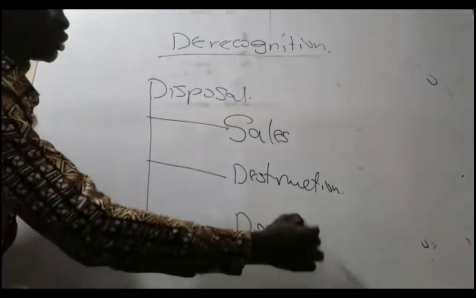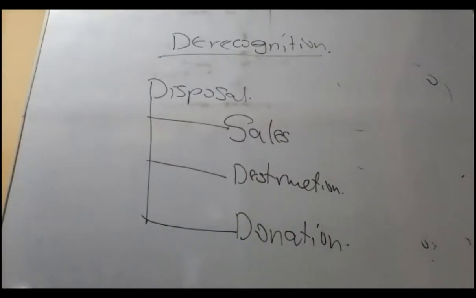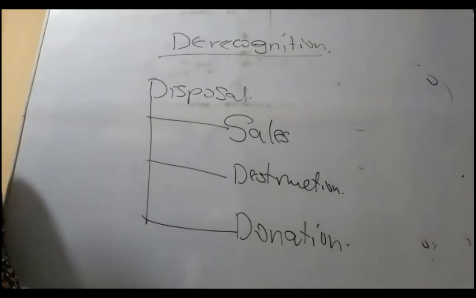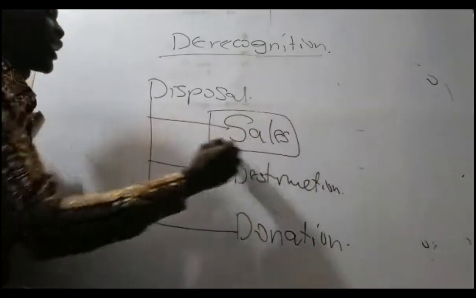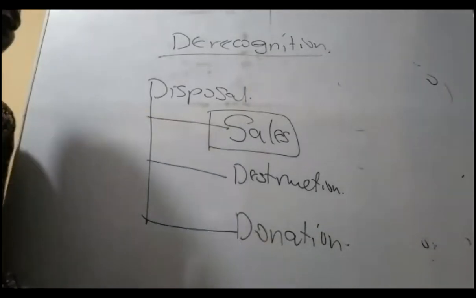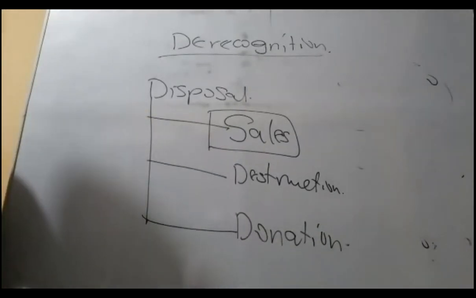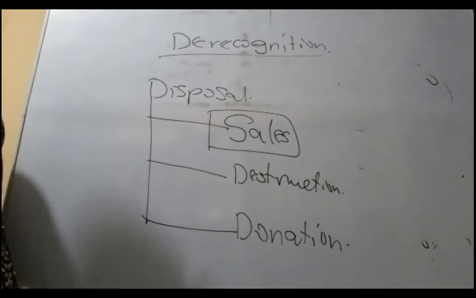Your old vehicle, you can donate to any homes or anyone at all. You have to stop showing the asset in your books. But for examination purposes, disposal refers to sales. So in exams or most of the texts that we read, disposal refers to sales. Even though you can dispose of an asset by destroying it, for some assets no recycling can be made from it. In fact, it's even dangerous.